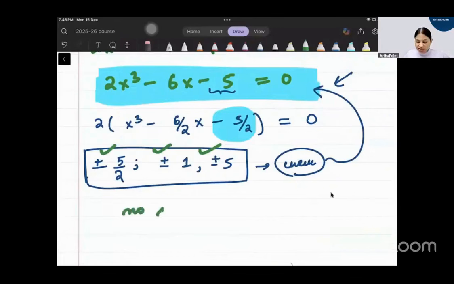So no such x exists, and then there is no stationary point.